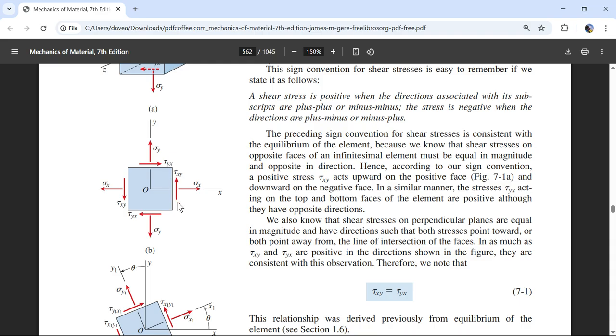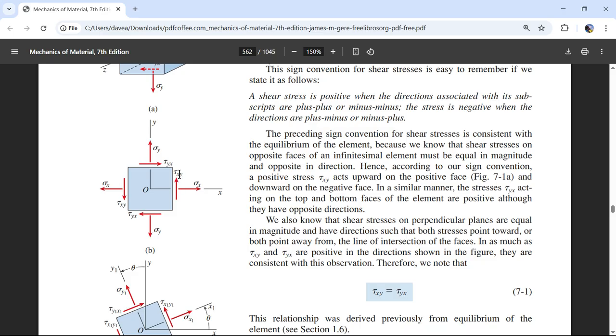I think a better question is, why can this be the only way that we describe the convention? You still have to choose whether you want to call this a positive shear, so it's at least convenient that we say positive x face, positive y direction is a shear.